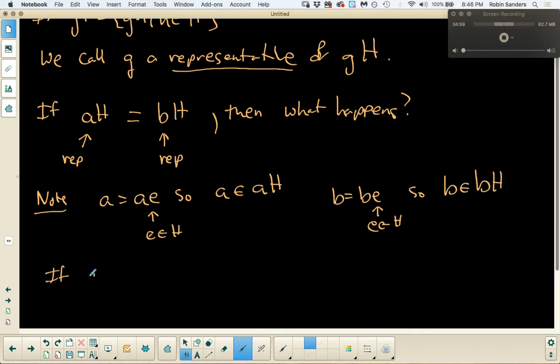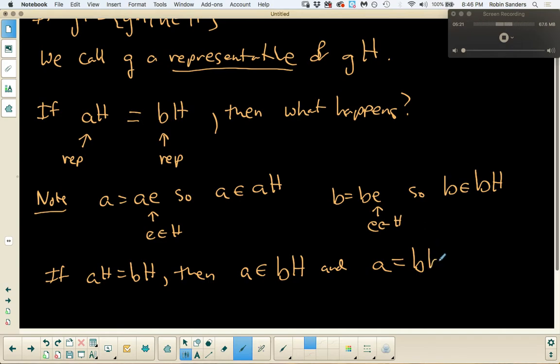Now, if aH and bH are the same left coset, then that says that a belongs to the coset bH. And so that means that a is equal to b times h for some h inside H.